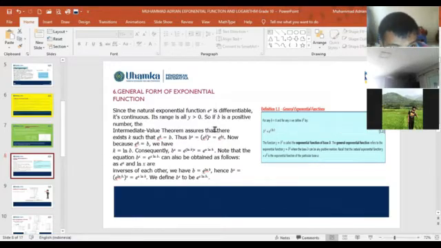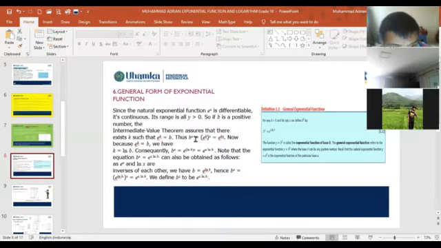The intermediate value theorem assures that there exists k such that e power k equals b, thus b power x equals e power k times x.